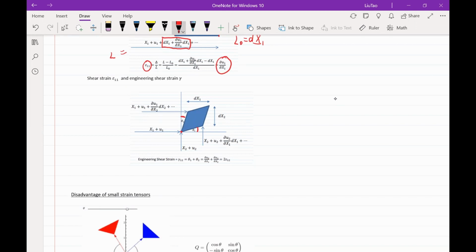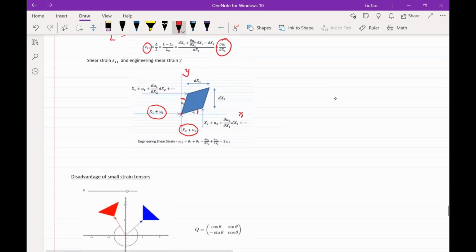So along the x-axis, it's x1 plus u1. Along the y-axis, it's x2 plus u2. So this is x, this is y. So now if we take a look at the left top point, we can express its displacement along the x-axis as this: x1 plus u1 plus partial u1 over partial x2 times the length dx2.